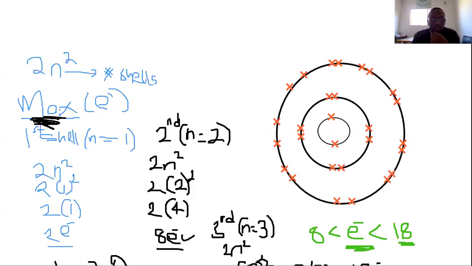We use the formula 2n squared to determine the number of electrons that should be located in a particular shell, and then we write the electronic configuration, and thereafter we draw the electronic structure. But as we draw the electronic structure, the key thing is never should we leave out the nuclide notation. So the nuclide symbol or the atomic symbol should be put at the center, and then we begin to draw the structures.